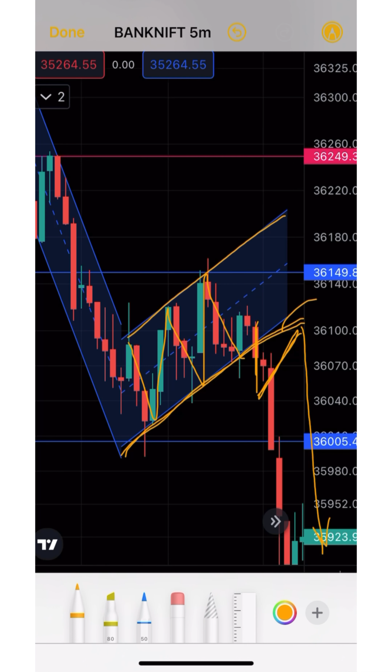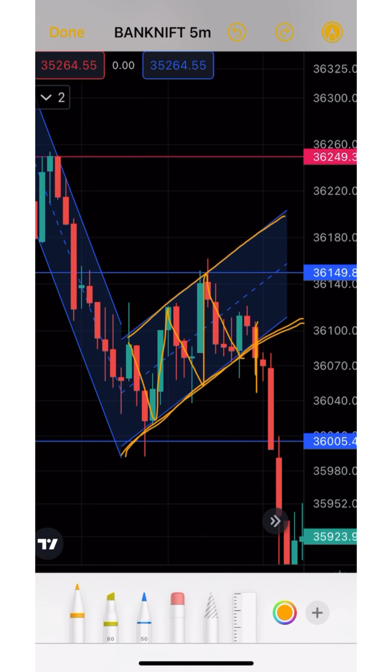At the level where it did a retest, you can also make an entry. So these are the two different entries. This is called the retest entry. You can place an order at this point, or else you can make an entry at the breakout point. These are the two forms of entry levels in bearish flag chart patterns.